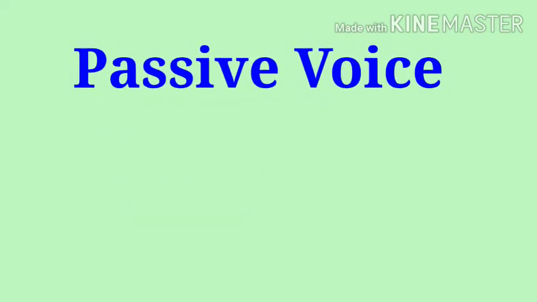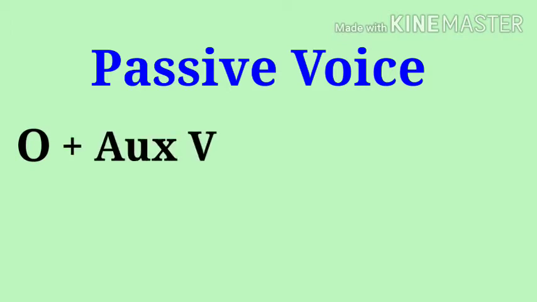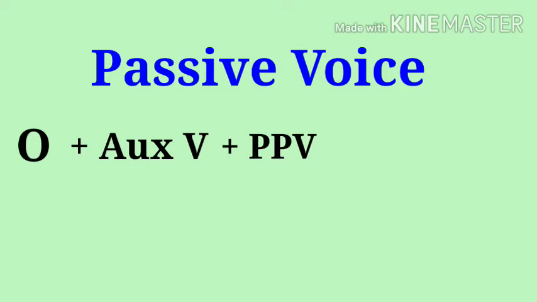And in passive construction, we have to start our sentence with object first, then auxiliary verb, then third form, that is past participle of the verb, and afterwards we have to use our subject.